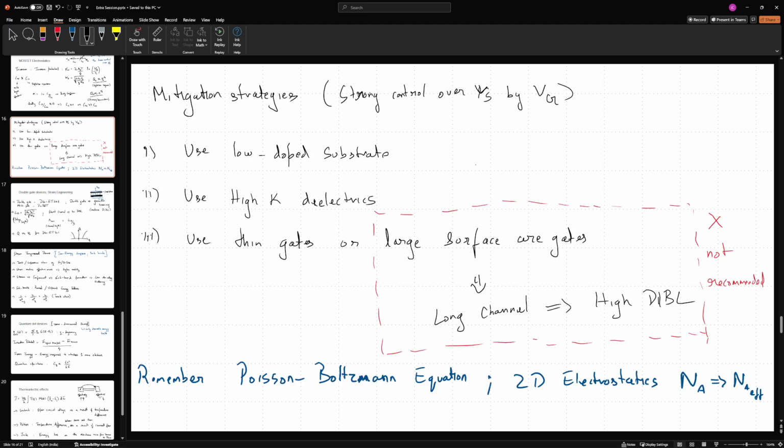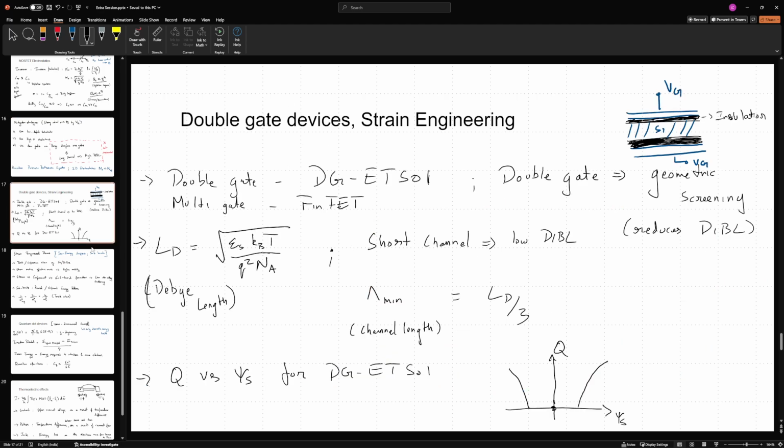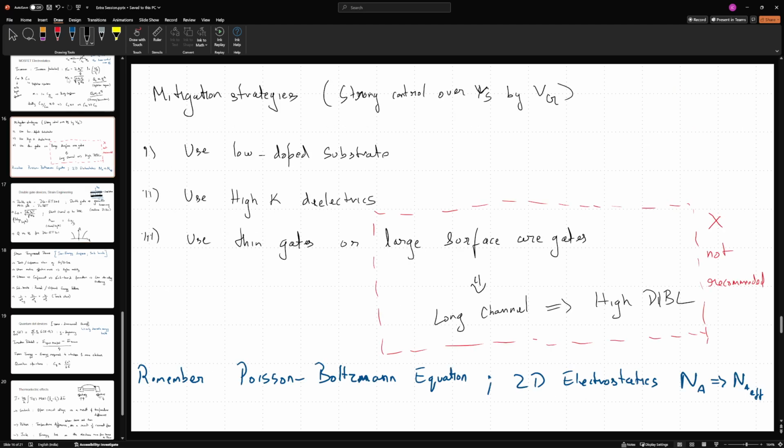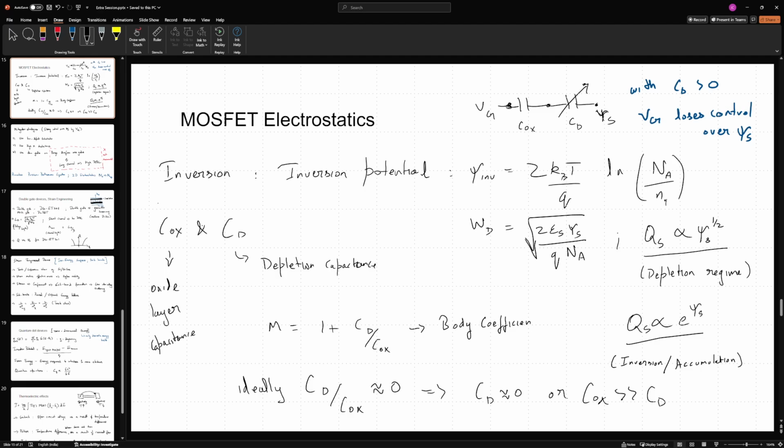Now, how do we mitigate these? How do we get a low body coefficient? This ultimately turned out to be another way to motivate nanoscale devices. Why do we need nanoscale devices?